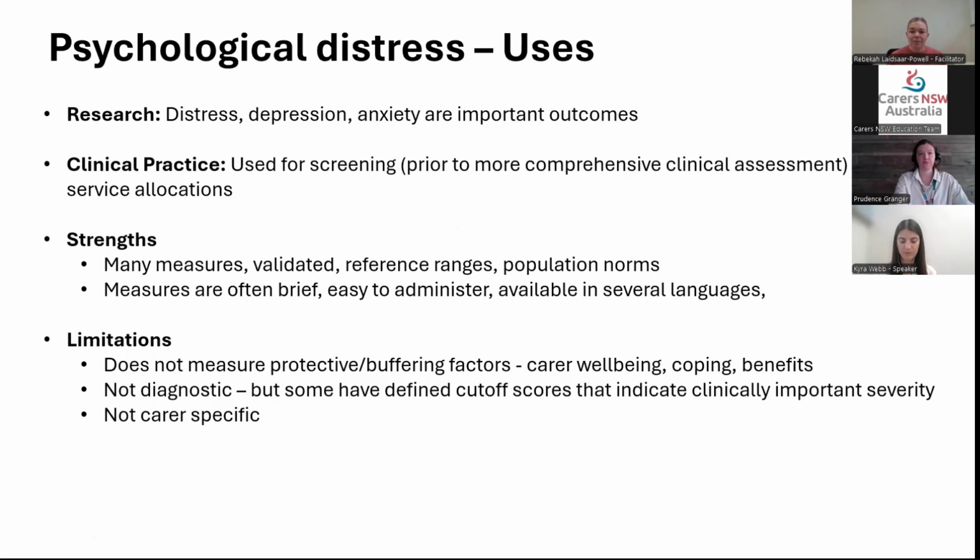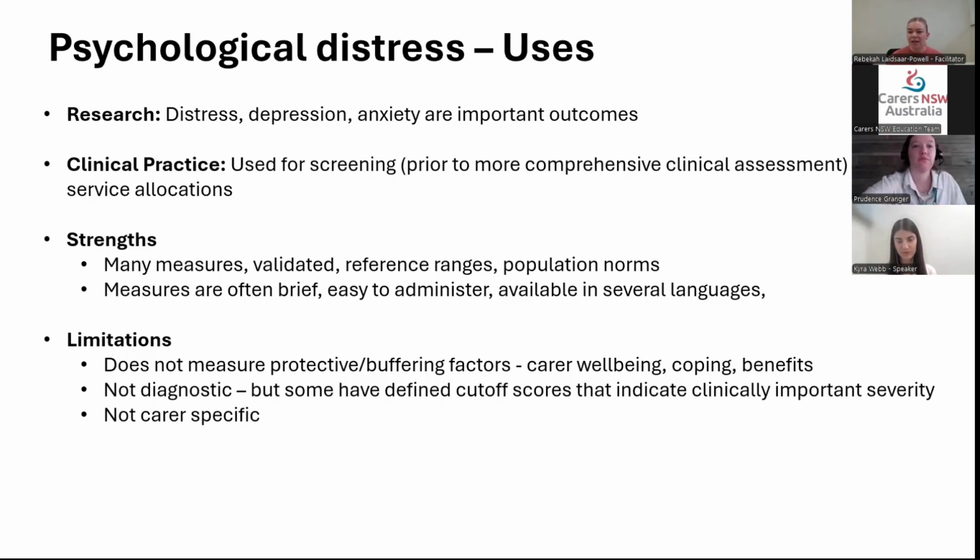I guess collectively, the challenge here with these distress measures is they don't measure a broader picture of a person's psychological well-being. So they're not measuring protective or buffering factors, so things like well-being, coping, the benefits of caring. They're not diagnostic.